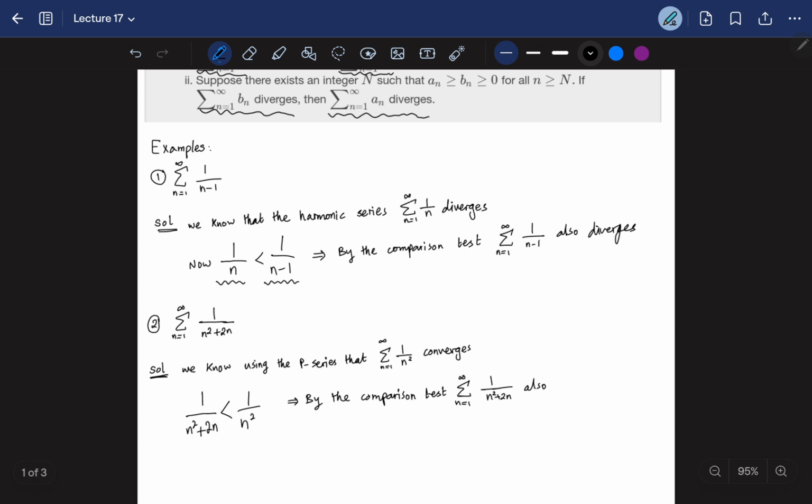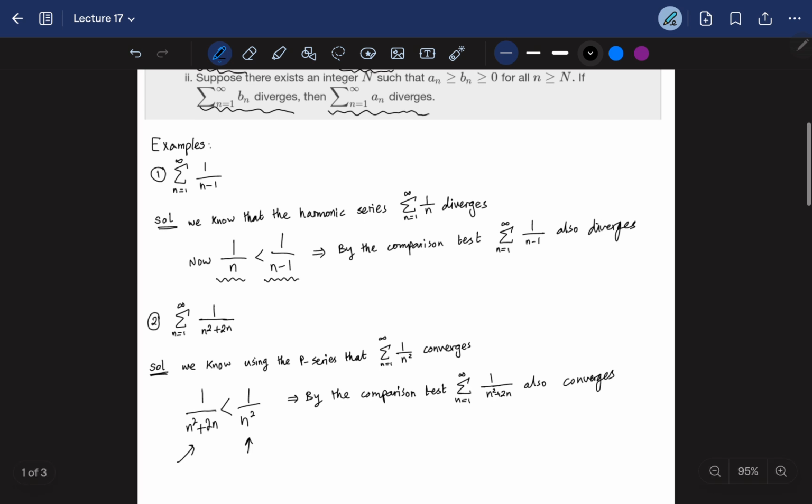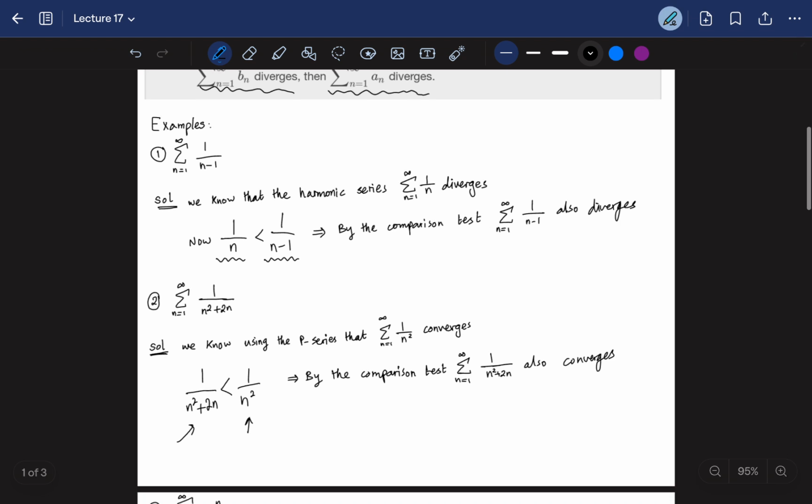So the fraction is smaller. So now using the comparison test, since the bigger series is convergent, then the smaller series also converges.